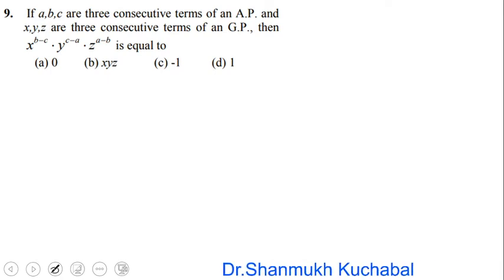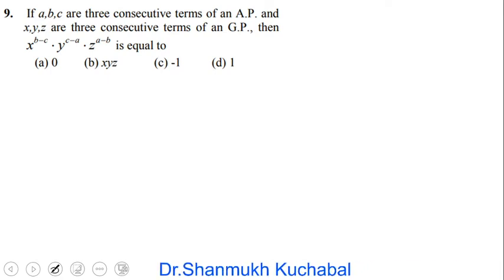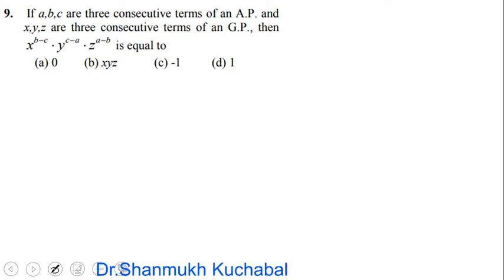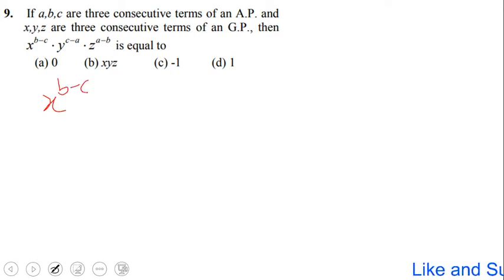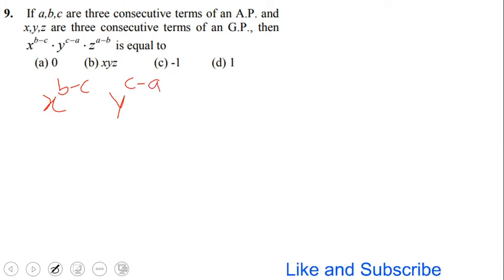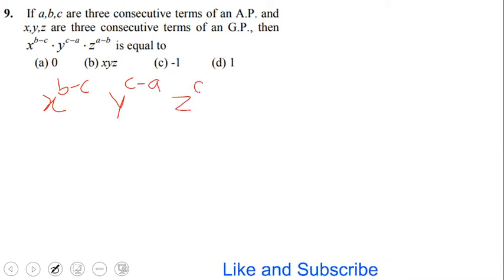The question is: if a, b, c are three consecutive terms of an AP and x, y, z are three consecutive terms of a GP, then what is the value of the expression x raised to b minus c, y raised to c minus a, z raised to a minus b?